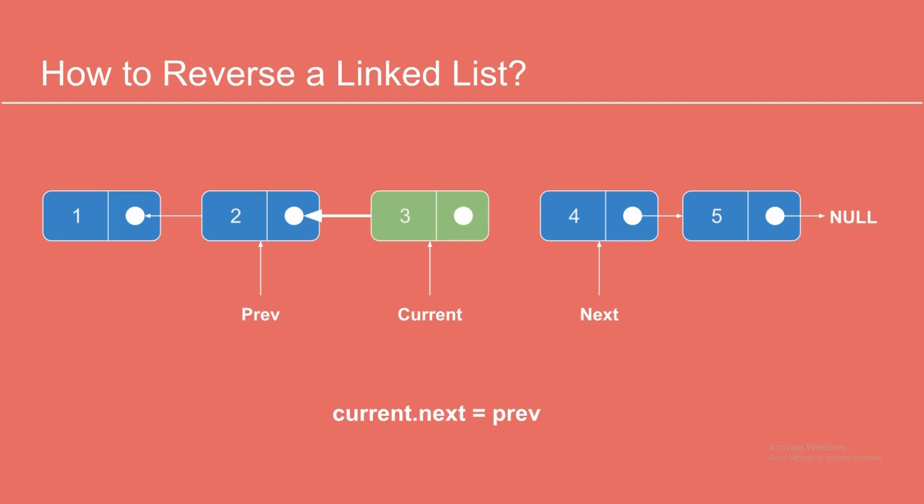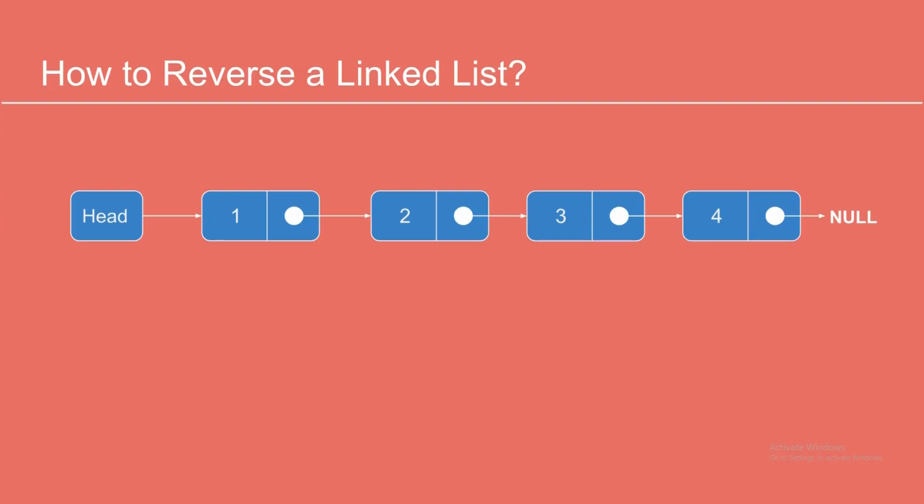Now we need to move one node forward. We can do it by changing prev to current and current to next. That's it. We need to repeat these steps for each node of the list. Let's go through one full example with these steps. Let's say we are given the following list.